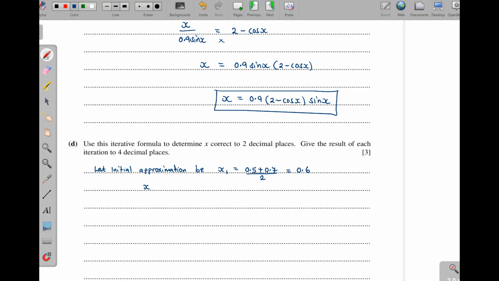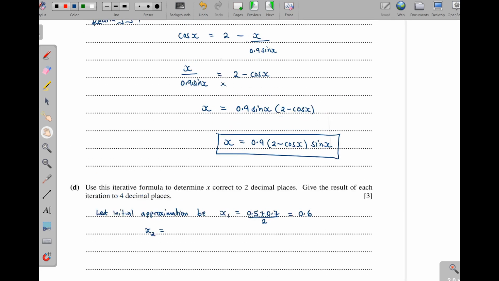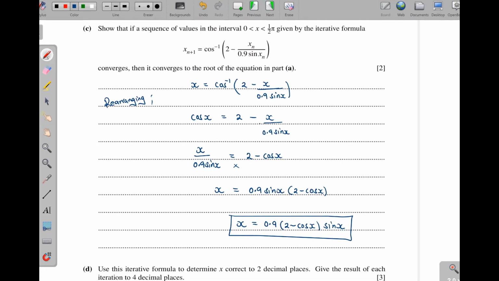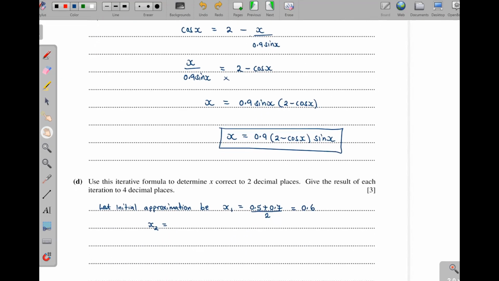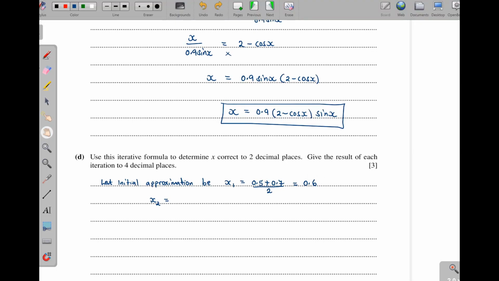Then our x2 shall be equal to, we are substituting in this one given here. This is the iterative formula here. So the arc cos of 2 minus 0.6 over 0.9 sine of x, which x is now 0.6.